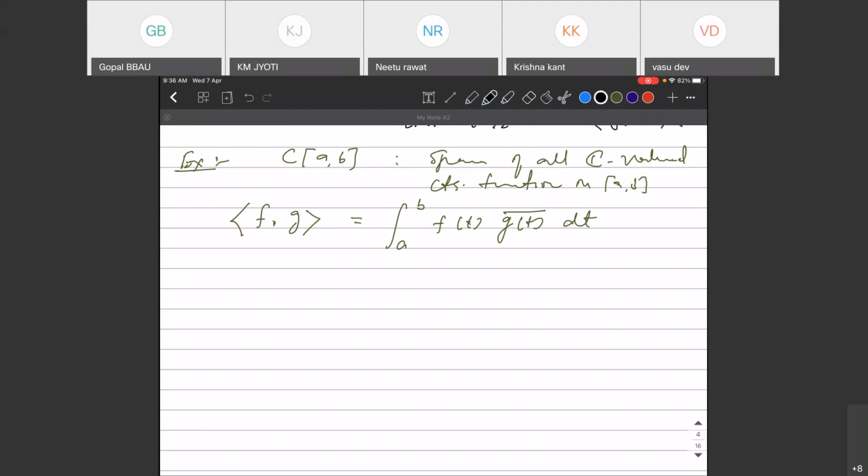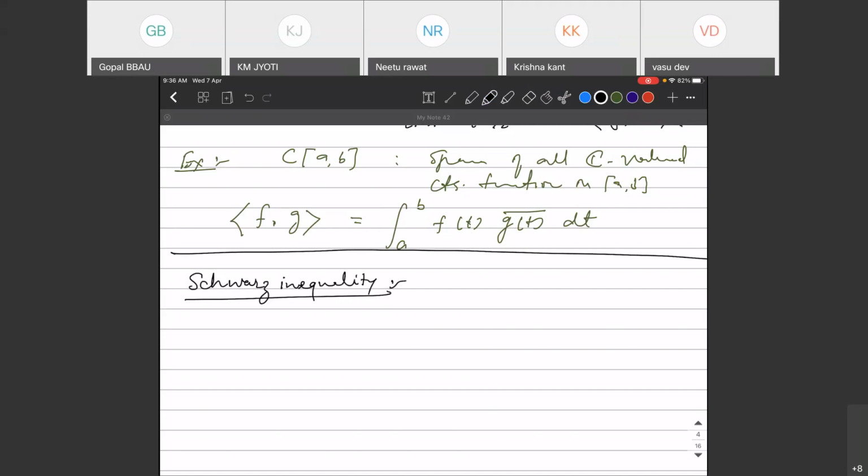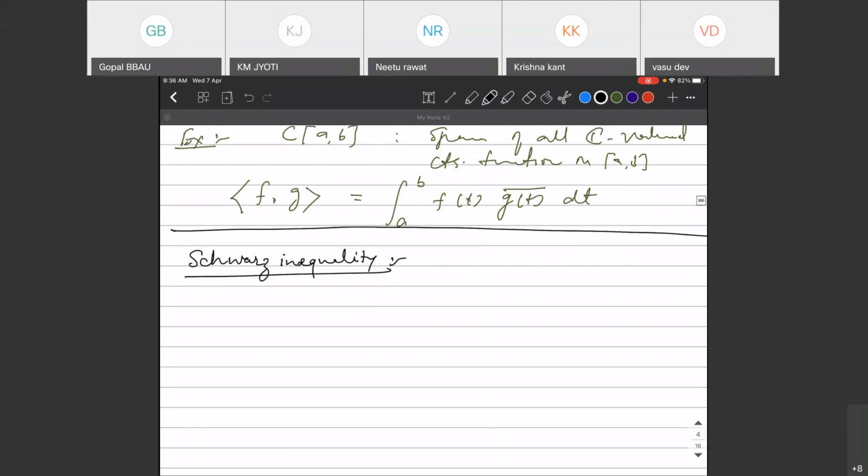Next, let's see a very beautiful inequality, a very beautiful result called the Cauchy-Schwarz inequality, or Schwarz inequality. What does it say?